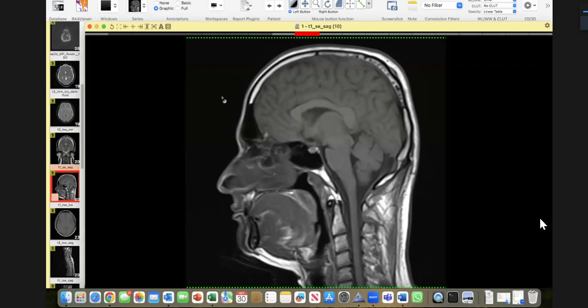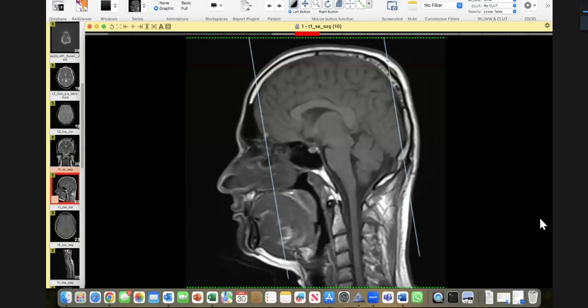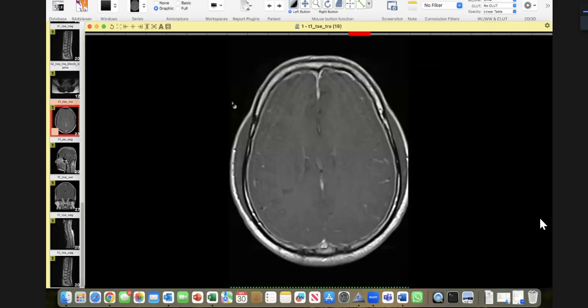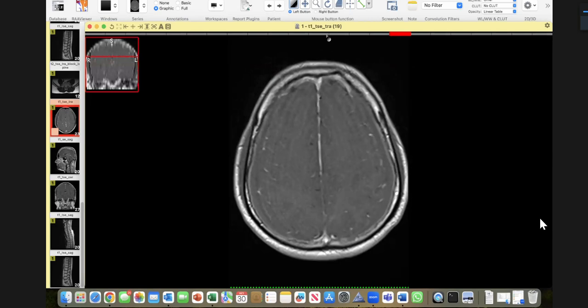So do we have contrast images? Axial contrast images. Okay, sir, I can see that there is a diffuse pachymeningeal enhancement. Okay, conclude the case now.